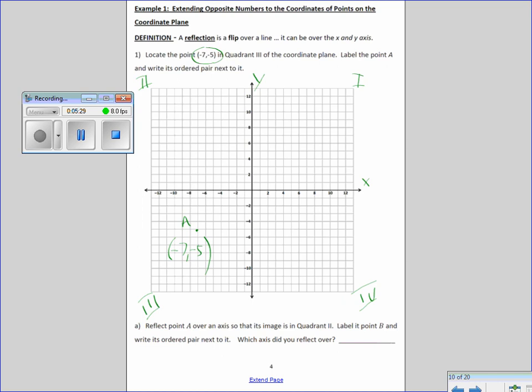I'm still at negative 7, so I'm just going to go here. And then my y-coordinate is now where? Positive 5. It's called a reflection. I've gone over the x-axis. My x-coordinate has stayed the same. It's still negative 7. Now I'm on the positive side.